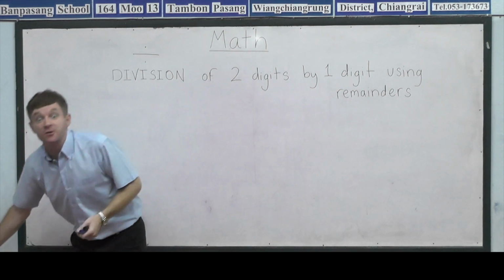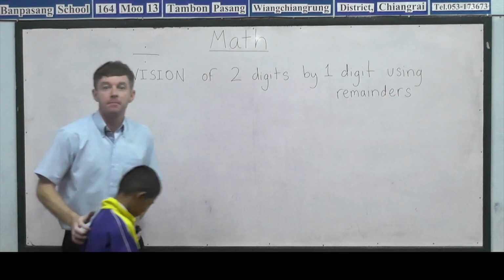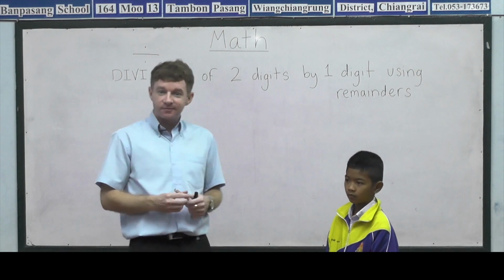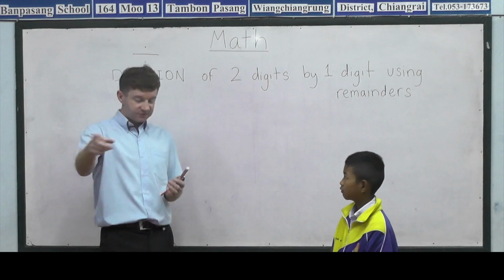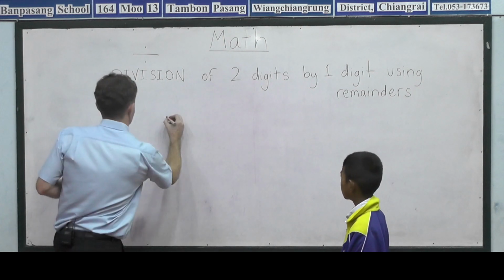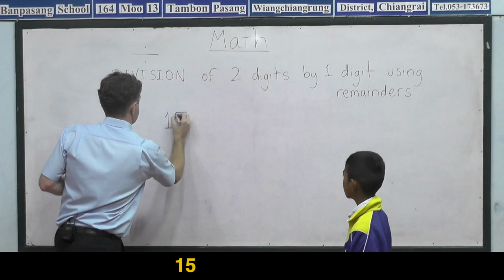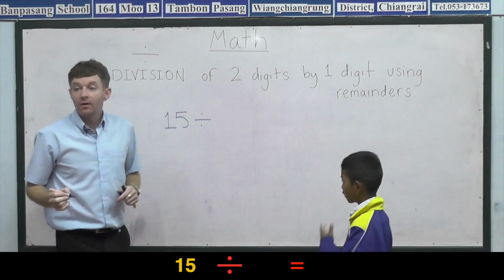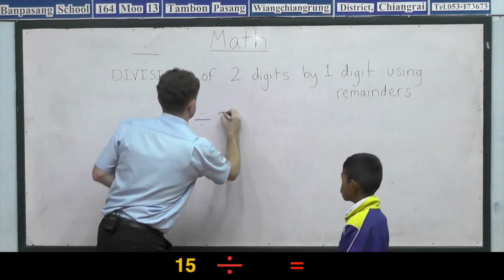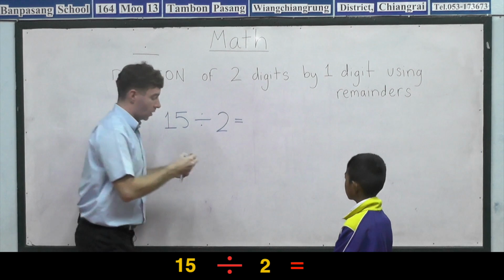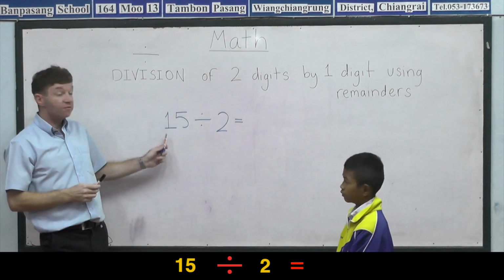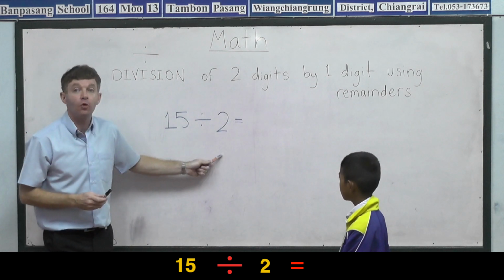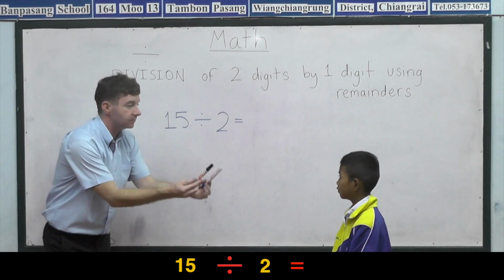Okay guys, so I need another two-digit number. 15, okay, we'll go with 15 divided by 2. So our problem, guys, all together, 15 divided by 2 equals, Pat, over to you.